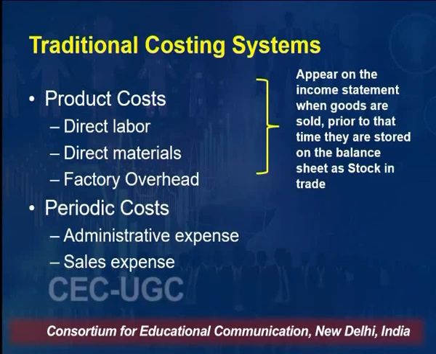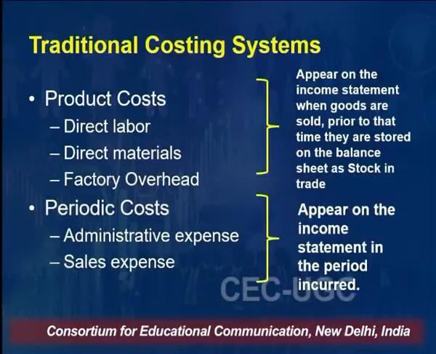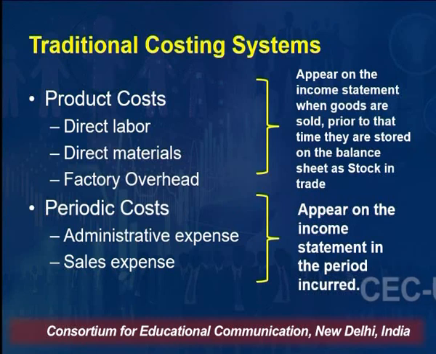Prior to that time, they all were stored in the balance sheet as stock in trade, because unless goods are sold, you cannot account for those values in your income statement. So the costing department had already given you the cost, but the selling price is reflected only when the goods are sold. Whereas periodic costs used to appear on the income statement of the current period, because these are the costs which in any case you have to bear. So this is what we have been doing as far as the traditional costing system is concerned.